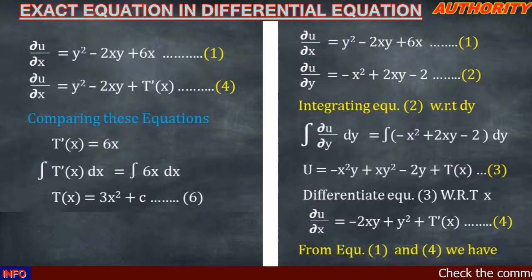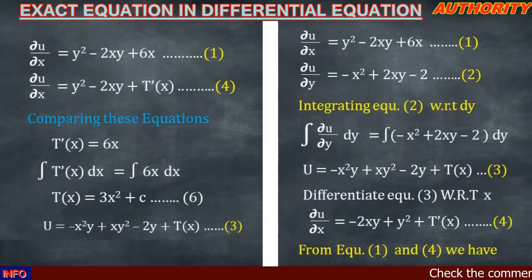So let's go to equation 3, where we need the value of t of x. Then we replace it. Substituting equation 5 into equation 3, we have u is equal to minus x squared y plus xy squared minus 2y plus 3x squared plus c.